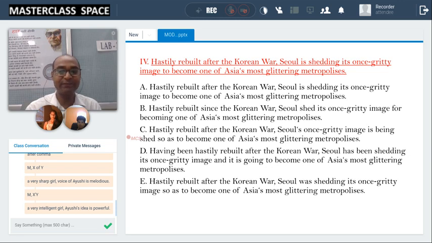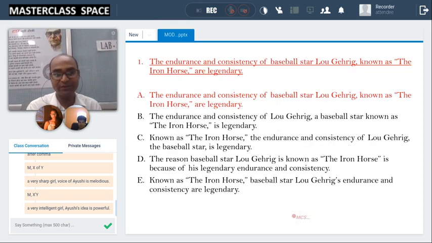Did you get the difference between both? It should modify Seoul, not gritty image, but in option C it is modifying the image. So C cannot be the correct option. Anyway, let us move ahead. Here, pay attention. This question has two errors: one subject verb agreement and second modifier.